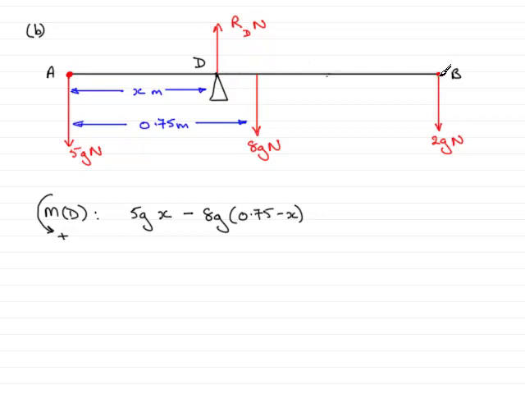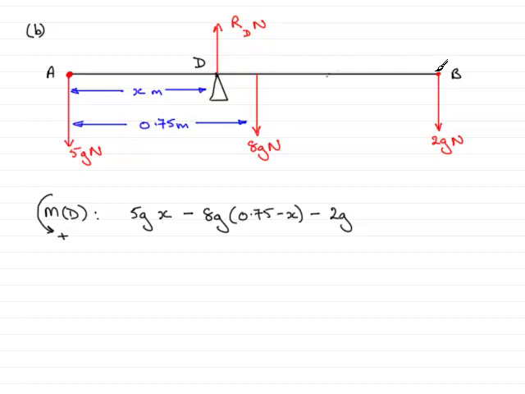And it would also want to turn in a clockwise sense about the point D, so that would be in the negative sense. So we would have minus 2g then multiplied by the distance DB.